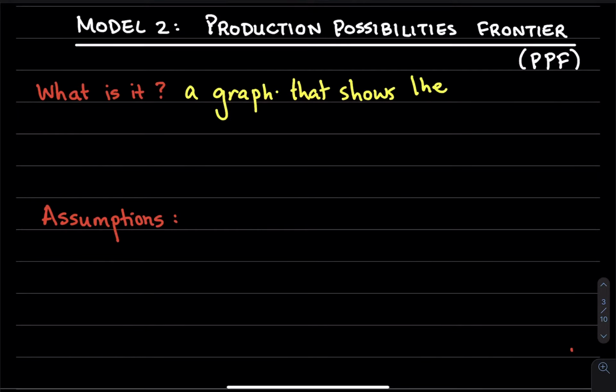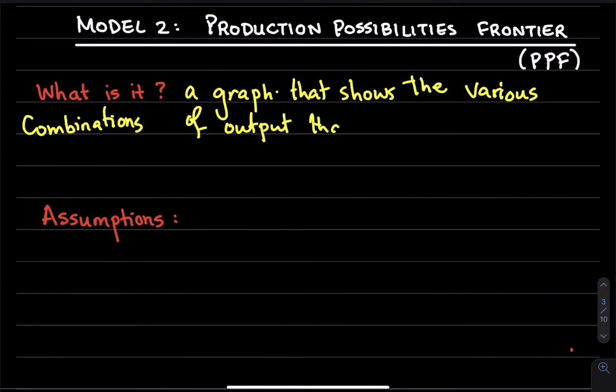the various combinations of output that an economy can possibly produce.